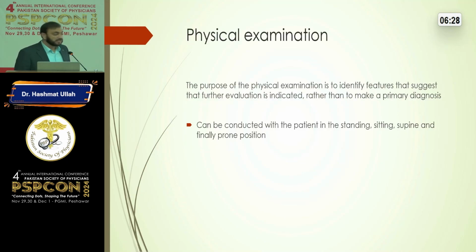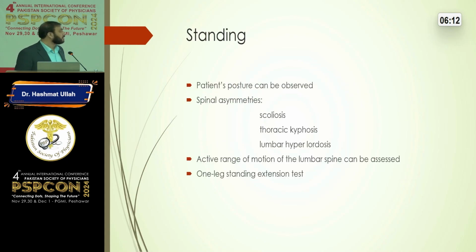The physical examination is absolutely important, and this examination is not to find out the cause, it's to identify the features which may indicate whether further investigation is important or not. This examination can be done in standing by just looking at the posture of your patient, and the active range of motion of the lumbar spine can be assessed.